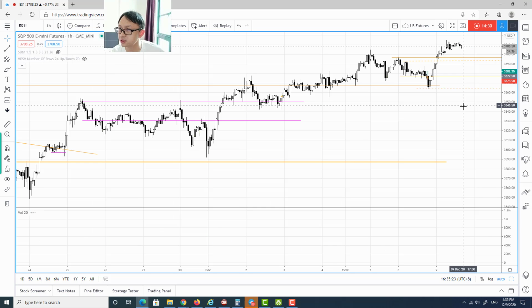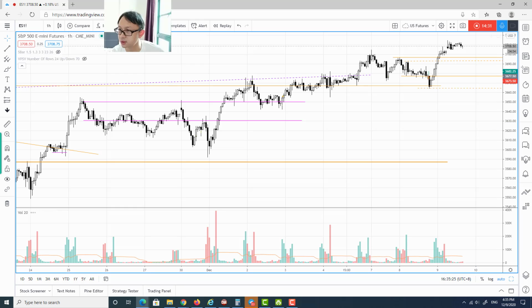So let me get back to the hourly time frame, and this is the immediate support level that I'm looking at. That will probably translate to close to 3700 level, and also this support level as well. So this region, probably from around 3695 to 3705, should form a kind of support.